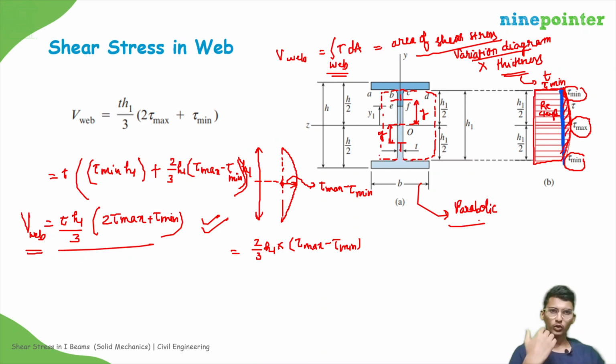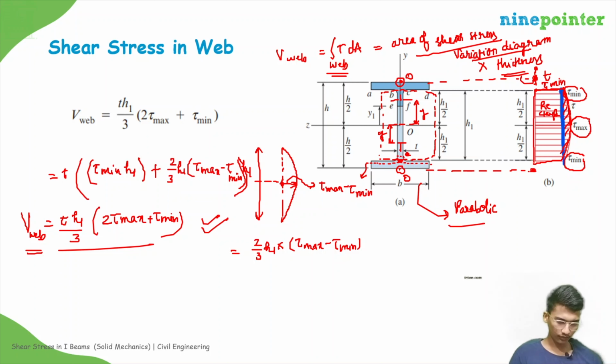So see, if we need to calculate with the same formula in the flange also, then here it will be 0, right? And here it will be 0. So it will be 0 over here, and if you take this one, it will be 0 over here. And see, if you take the shear stress over here, just before this interface, the thickness will be B. Just after this interface, the thickness will be T. So that means here the shear stress will be minimum compared to here, right?